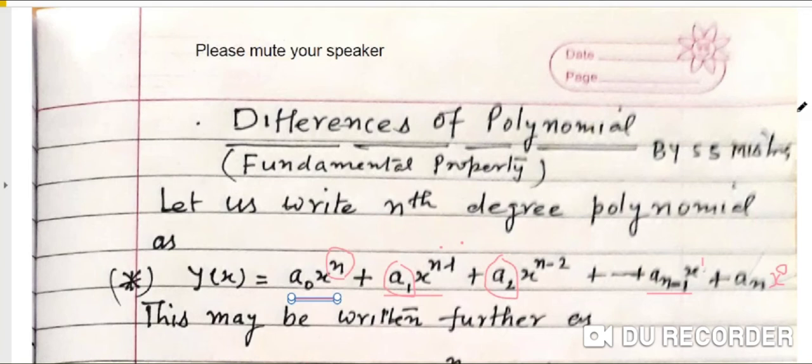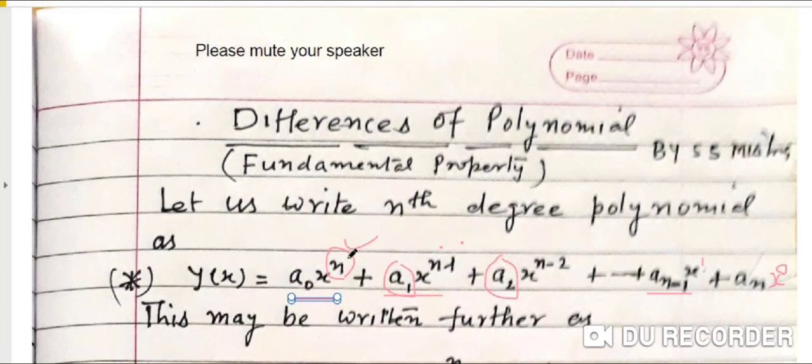Now today, the differences of the polynomial. We have already discussed the merits or advantages of this property, and later we will discuss further when we apply it. So this is the nth degree polynomial. As I have already discussed, the highest power of x is known as the degree of the polynomial.